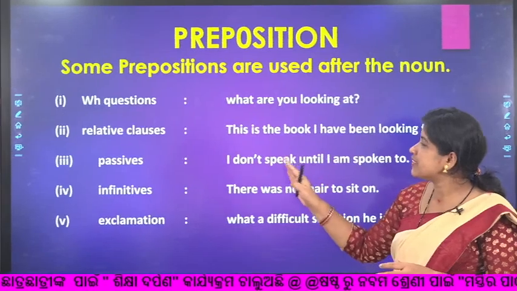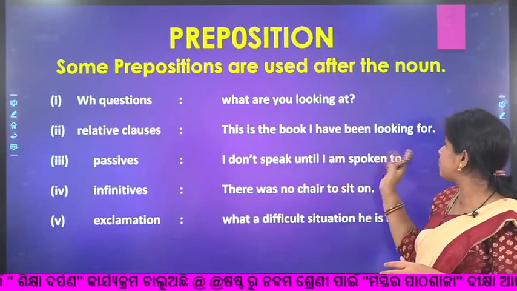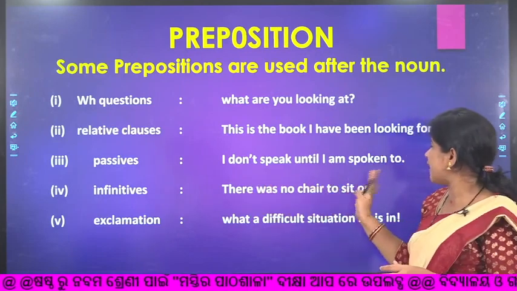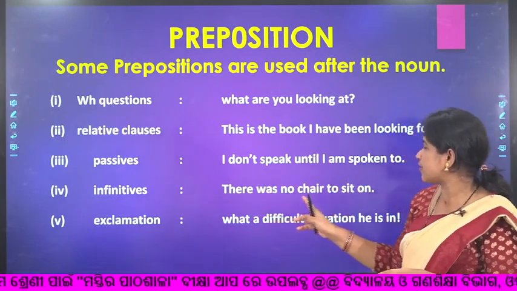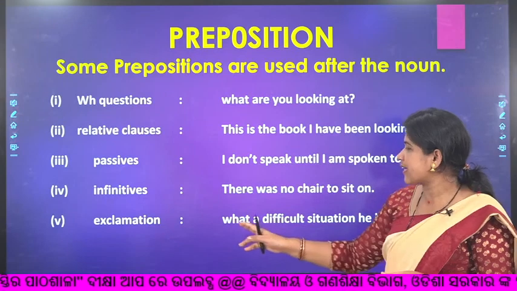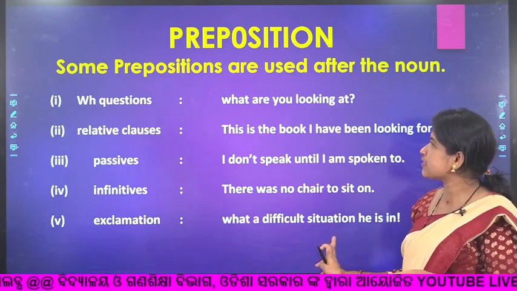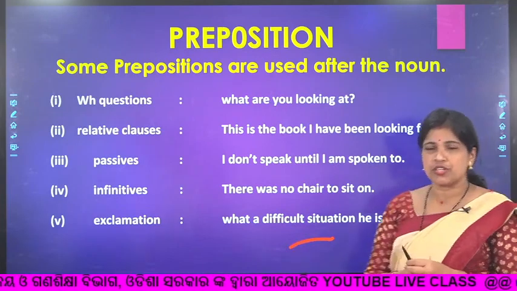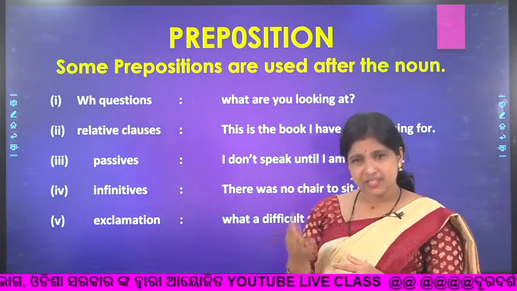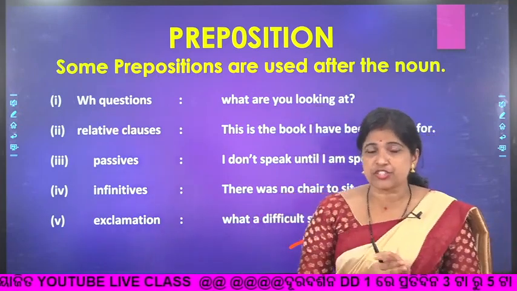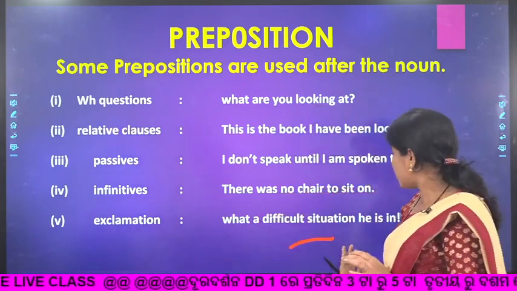And next comes related clauses. This is the book I have been looking for, or passives, I do not speak until I am spoken to. Infinitives, there is no chair to sit on. Or exclamation, what a difficult situation he is in. So these are some of the extra, or we can say some deviations, some different types where it does not join any noun with another word.